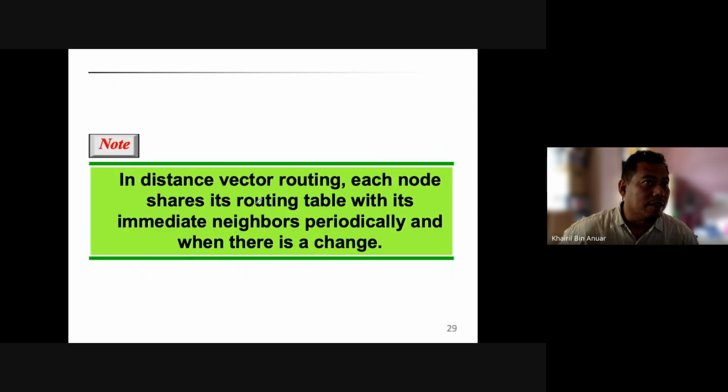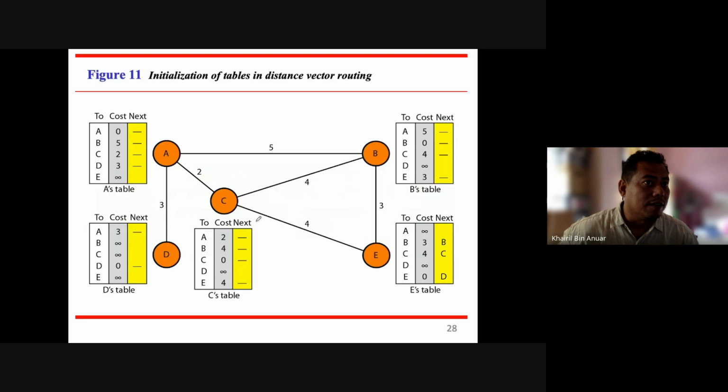In distance vector routing, each node shares its routing table with its immediate neighbors periodically, and also when there is a change. Immediate neighbors means that, like A, information can only be received from D, C, and B. It cannot get any information from E because it's not directly attached.